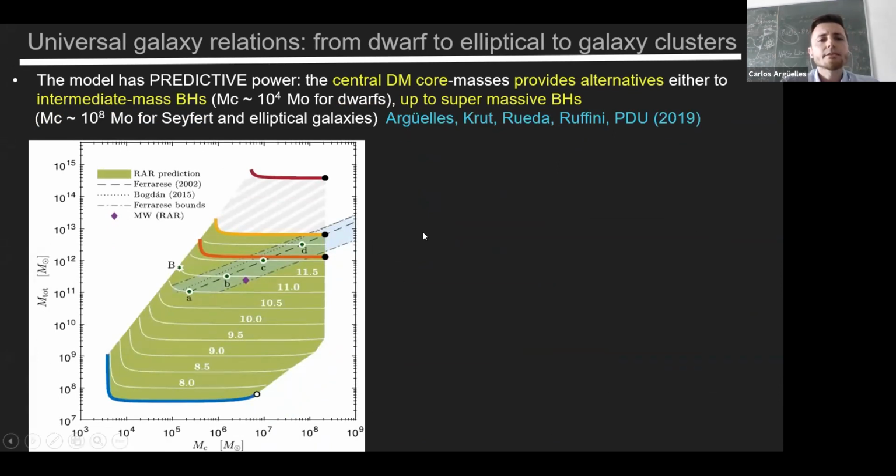So we have further tested the correlation of this central core mass with halo mass, for which there are correlations from data, this Ferrarese correlation. Ferrarese not only has shown the more commonly known M-sigma correlation relating the central object mass with the bulge mass, but also correlations for large galaxies relating the central object mass with the halo mass.